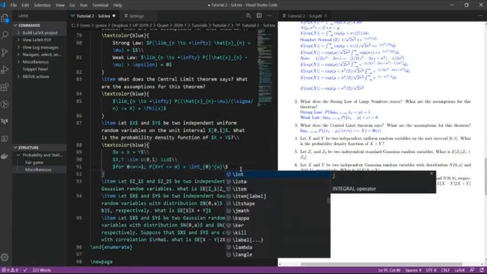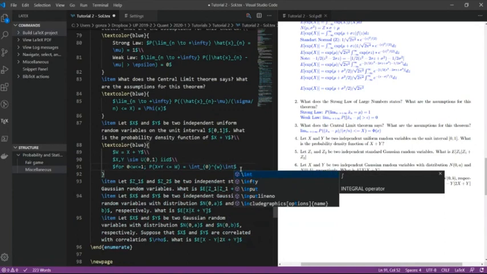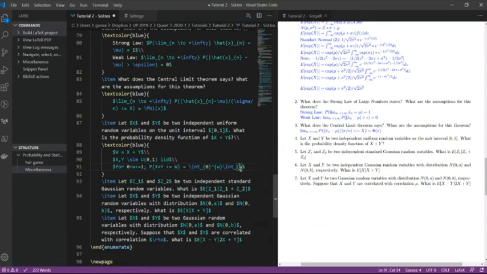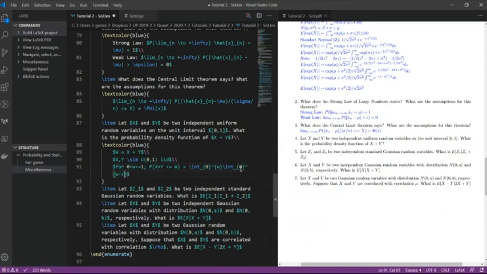And the next integral, which will be the integral of y, will go from 0, because it's our lower bound, all the way to w minus x. And the great thing about this is that we don't need anything inside. dy dx.